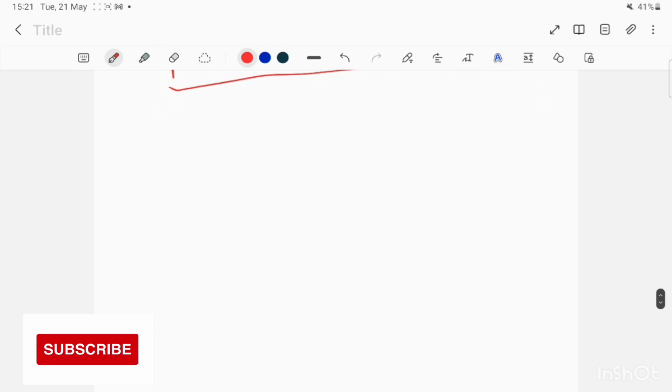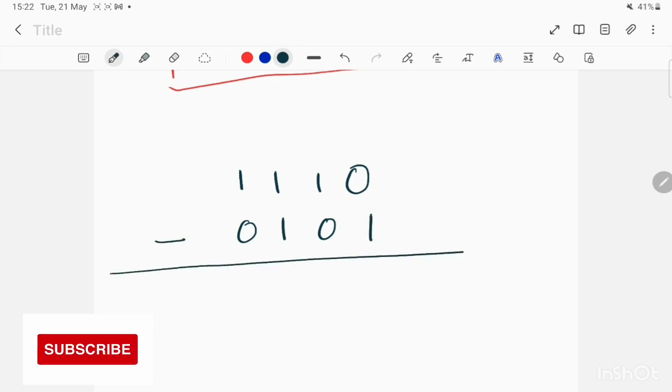So let us start with a very easy example. Say we have 1 1 1 0 minus 0 1 0 1. So you need to subtract them.